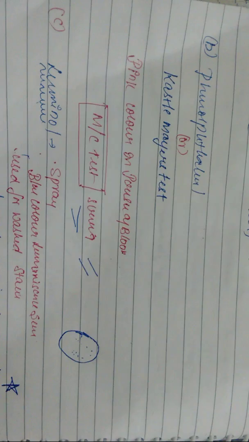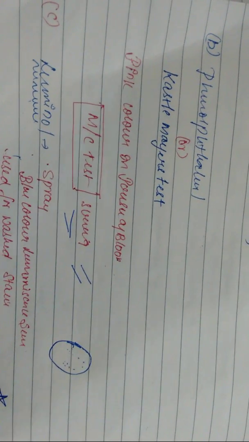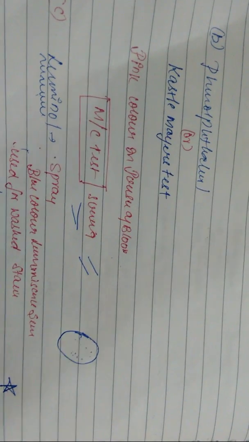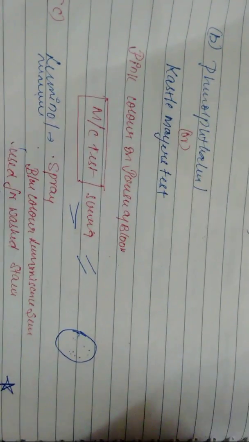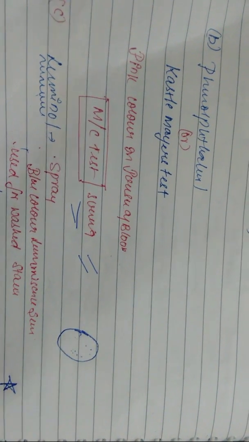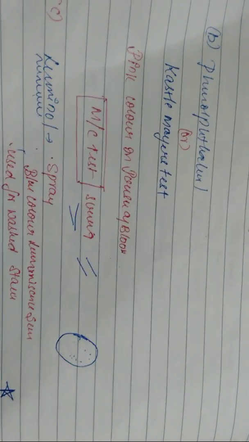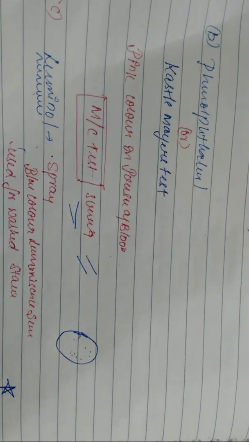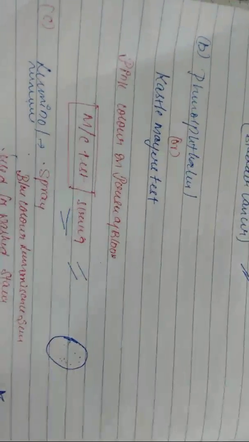This is used for washed stains actually, right? If the stains are already washed, and you spray on the wall, you can still see the blue luminescence, so you can tell that yes, this is a blood stain. So this is all you have to understand, which is written in our notes.